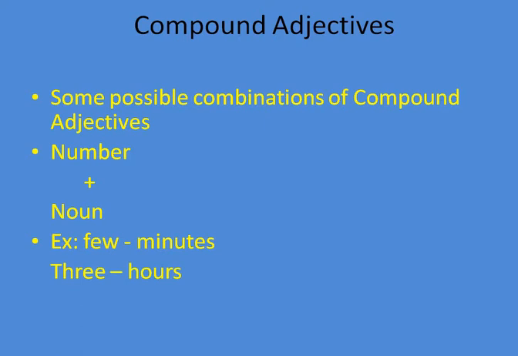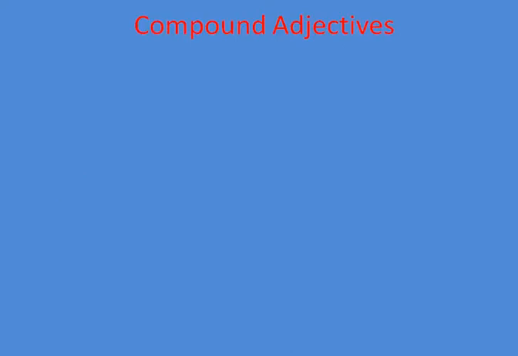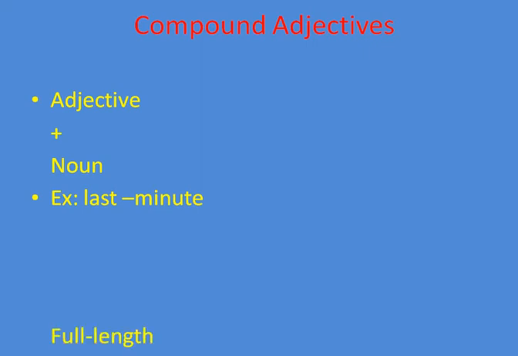Let's see another example: 3 hours. Let's see one example that is taken from your textbook itself: 10 story. Now, we can use an adjective in combination with a noun to form a compound adjective, like last minute. Last is the adjective, minute is the noun. See one more example: full length.